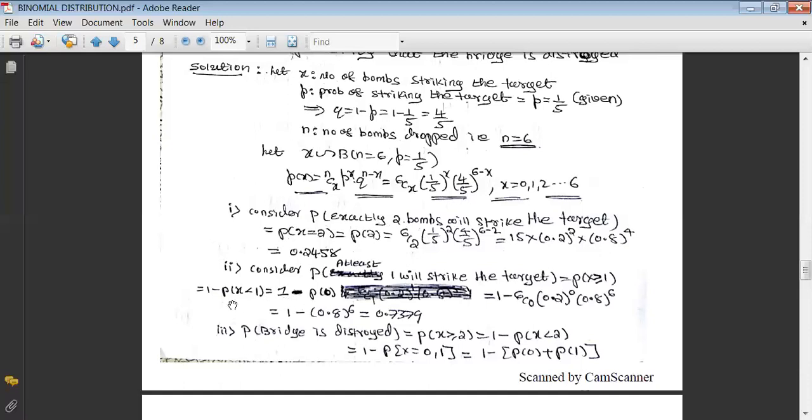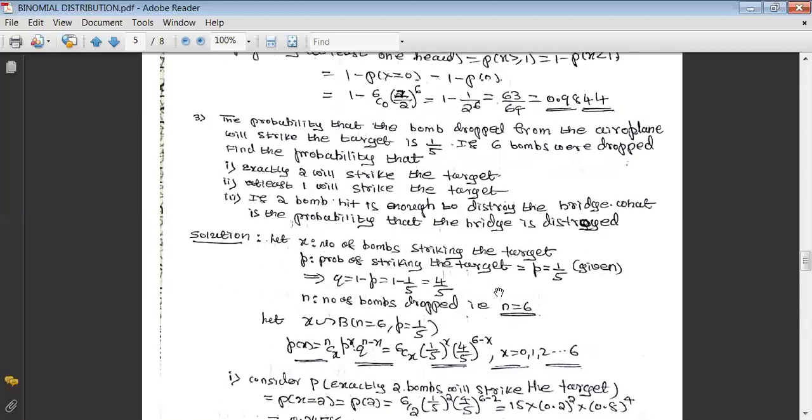X less than 1 means x equal to 0 is the only permissible value. So we take x equal to 0 here. 6C0 is 1, 0.2 raised to 0 is 1, and we get 0.8 raised to 6. The calculation gives 0.7379.